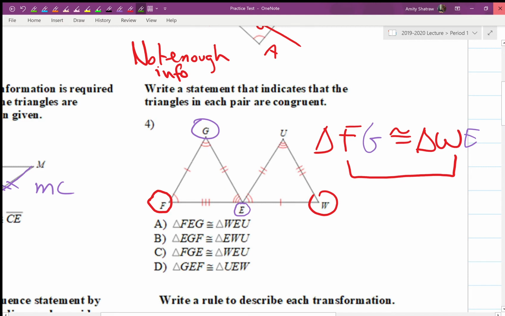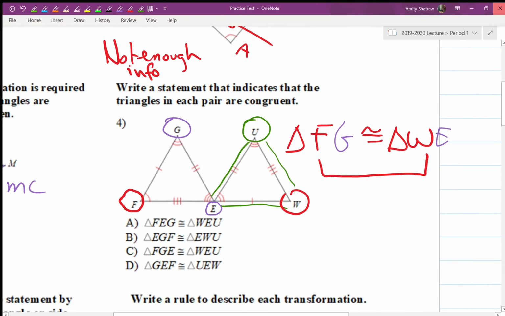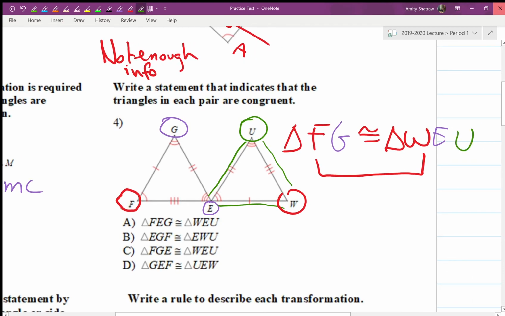Now I'm confused because look, I have done this one, I have done that one, and I've done that one. Well, I guess the only other one I haven't done is U. And I'm thinking about this triangle here, okay? And I'm saying that W, E, U is that second triangle. But now I don't know what to write for the rest of it. You know what I mean? Haven't I used up everything over here? Technically, yes. I mean, I see what you're saying.